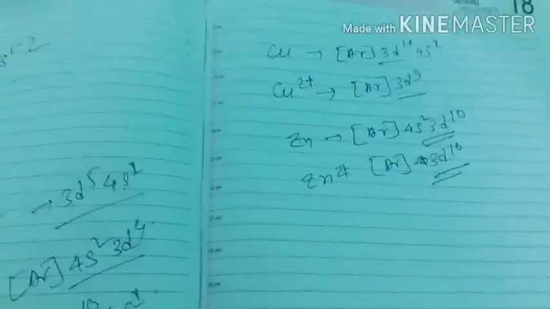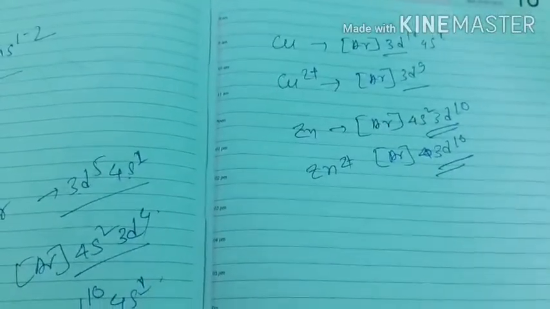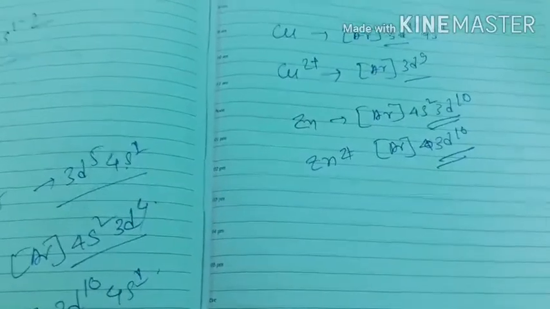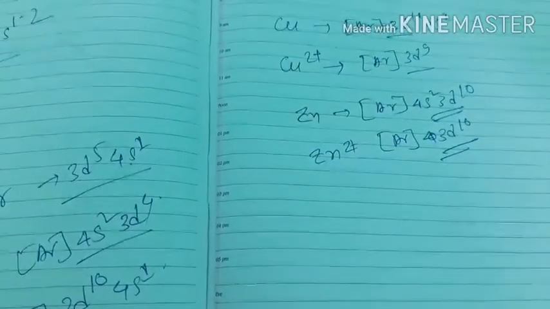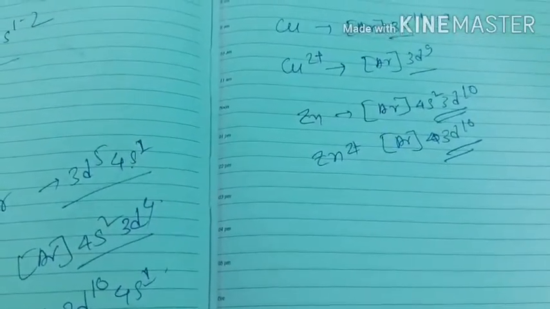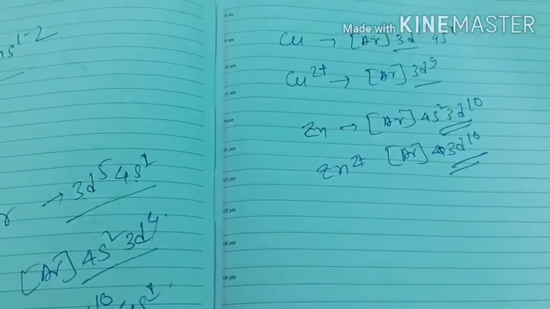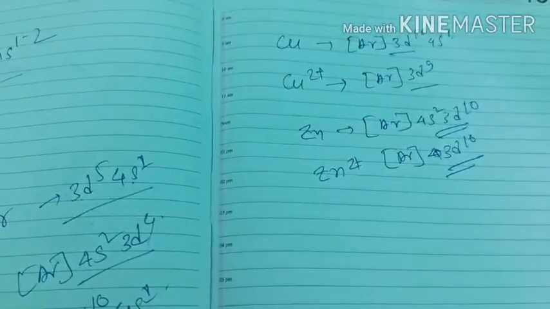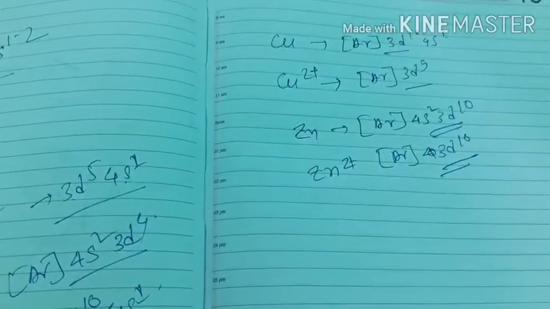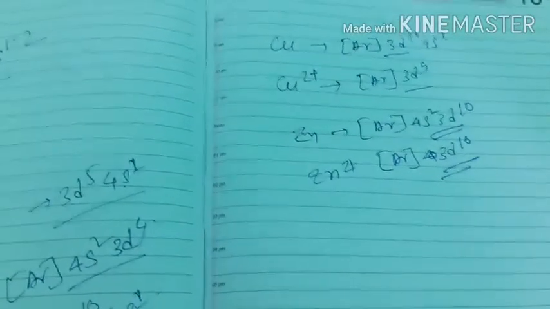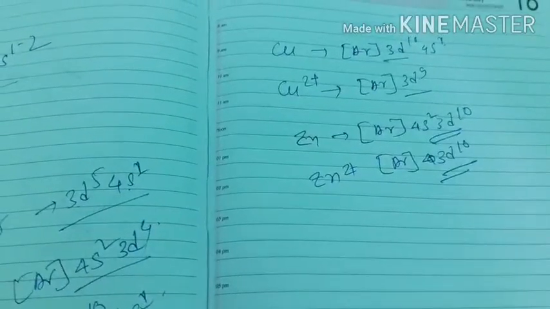So it is not considered a true transition element. But as it bears some properties of the transition elements, it has to be considered in the discussion of the transition metals.